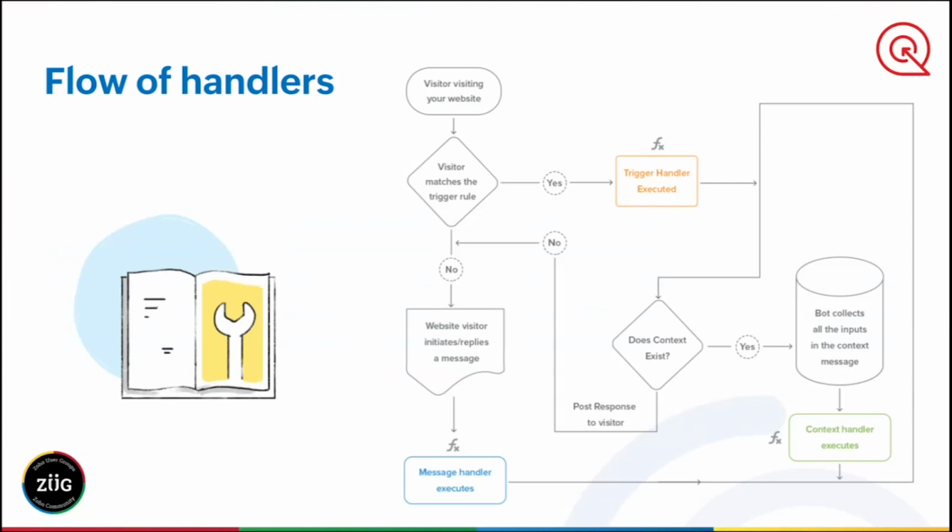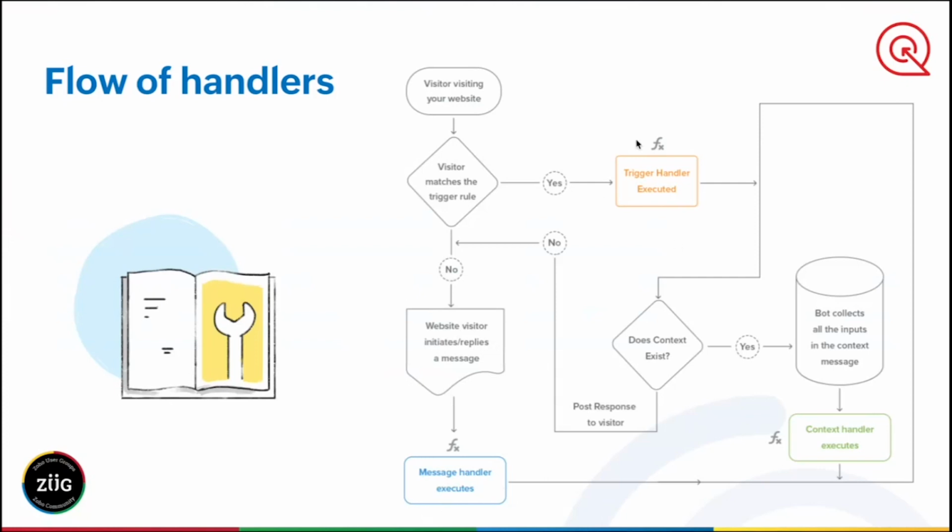So if the visitor matches the trigger criteria which you have set, the trigger handler will get executed. I mean, it's kind of like a proactive chat. So if the visitor matches the trigger, the bot will proactively start to engage with the visitor. If the visitor starts to engage with the bot reactively, that's when the message handler will execute.